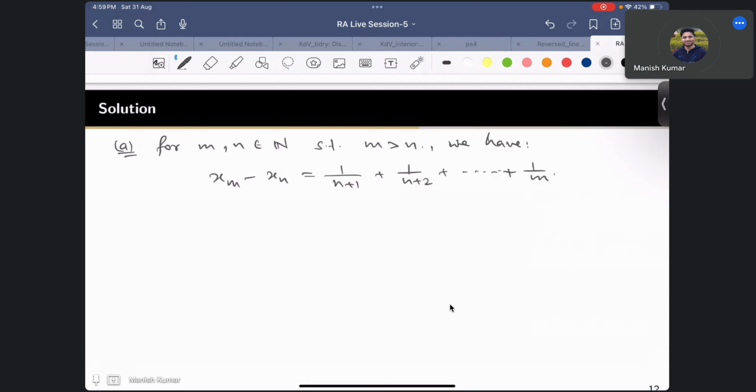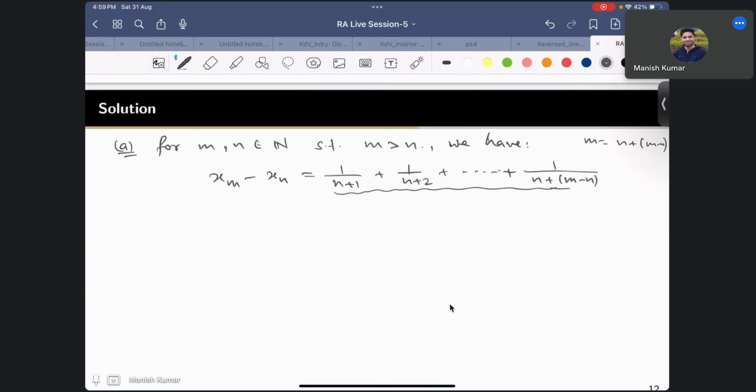Now notice how many terms there are here. To make it easy, 1 by m can be written as 1 by n plus m minus n.